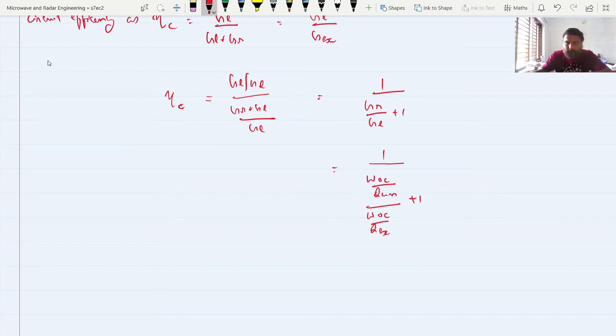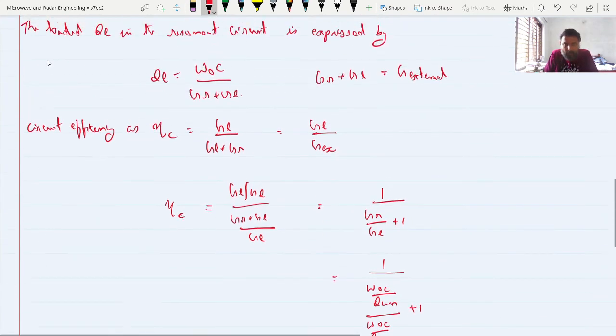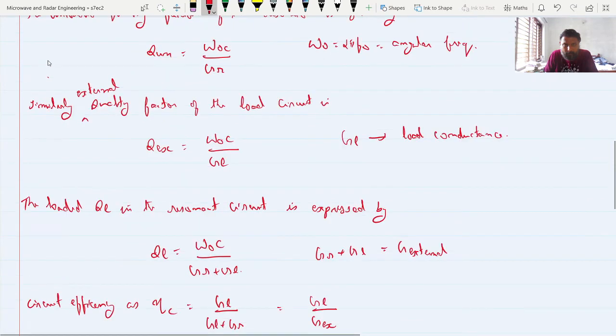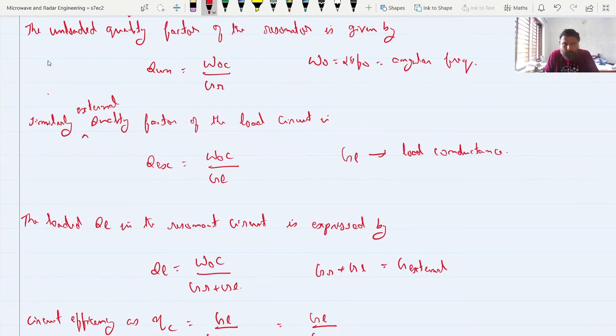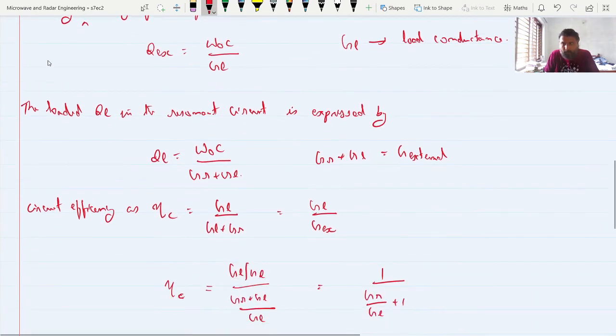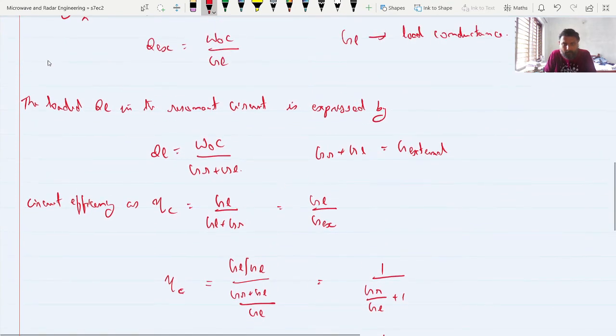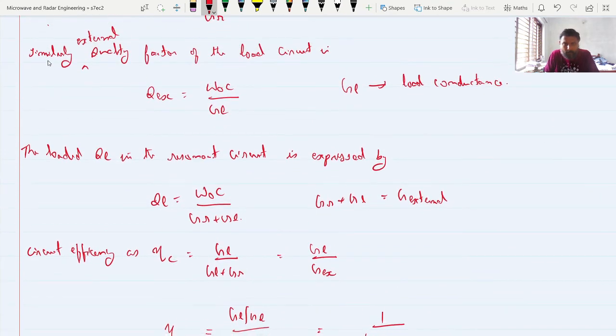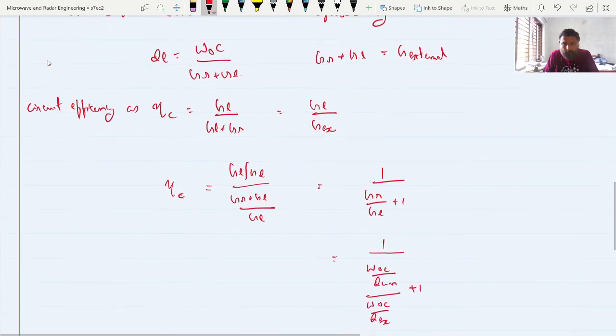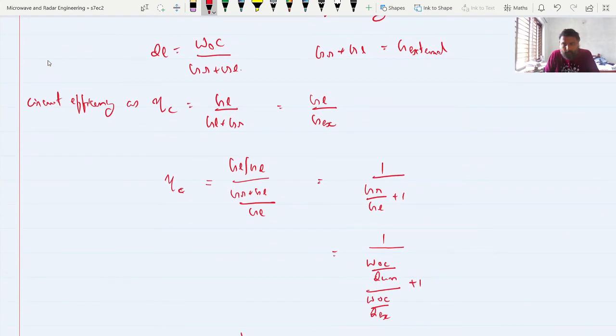That changes to eta c is nothing but 1 by omega naught c by Qn, omega naught c by Qn. So this and this omega naught c can cancel.